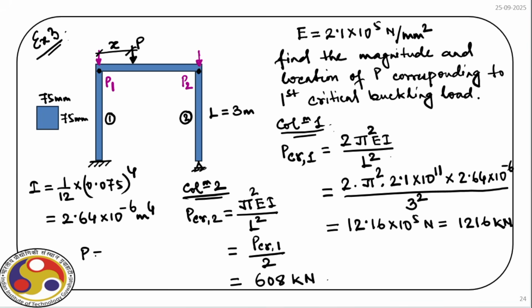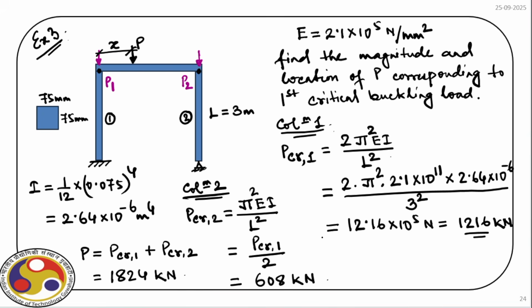P, that is the total load, is P critical 1 plus P critical 2. So if you sum these two values, 1216 plus 608, we get the total load 1824 kilonewton.